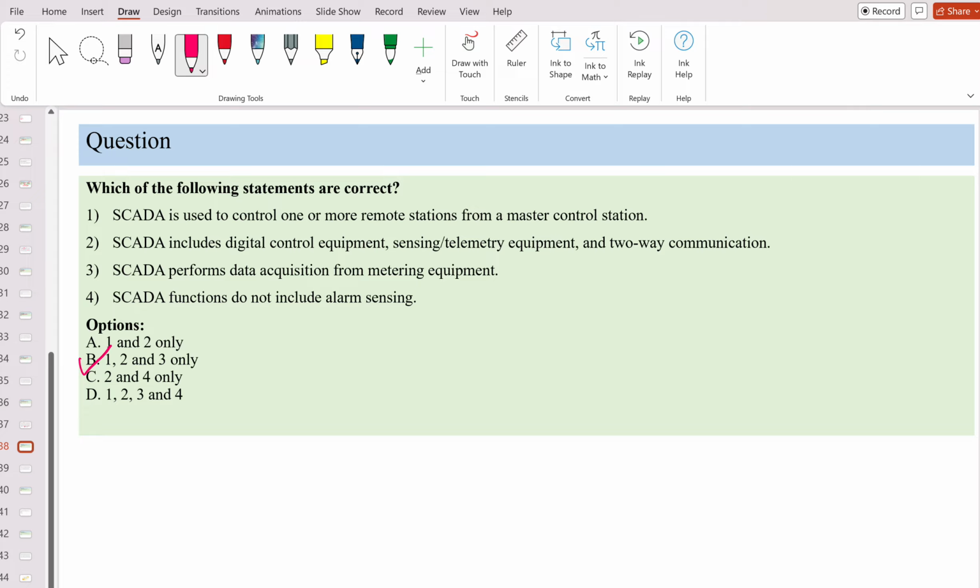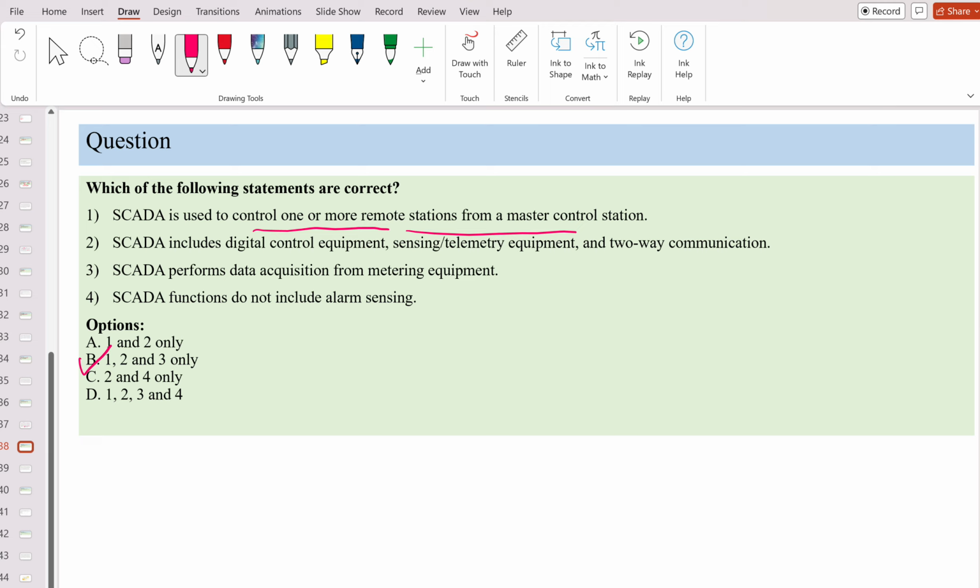It is used to control one or more remote station devices from a master control station. Those will be called slave control units, where the master gives the command and the slave follows that.